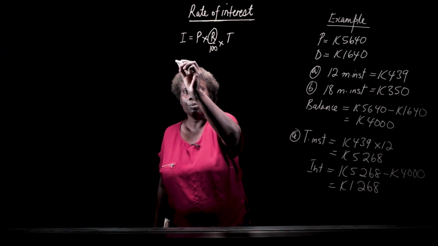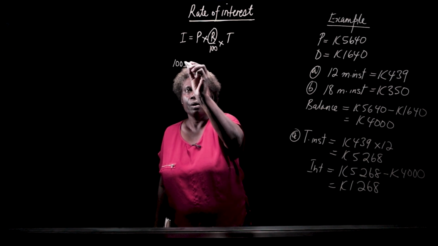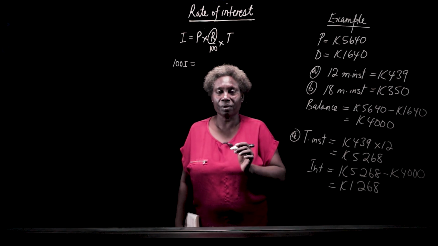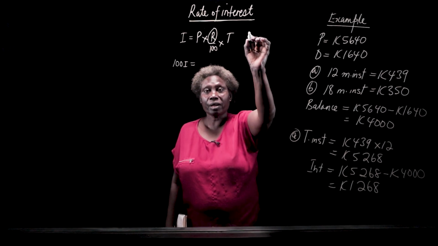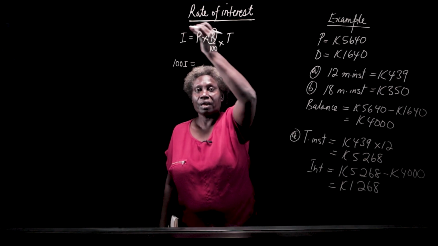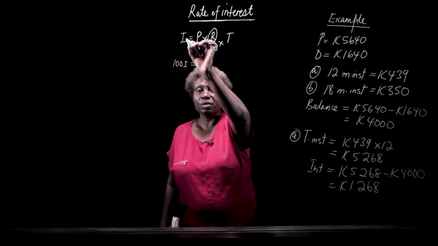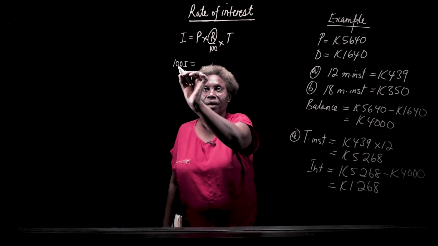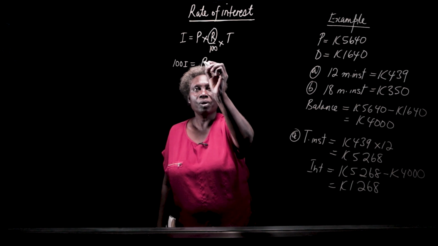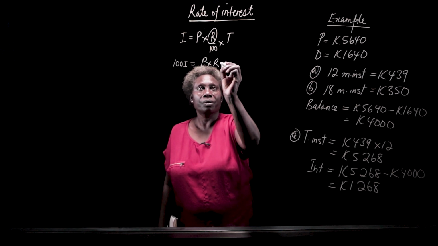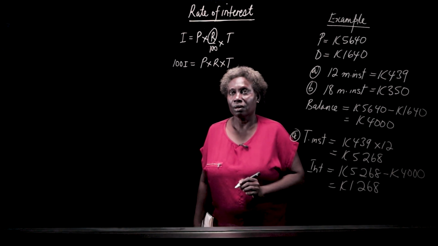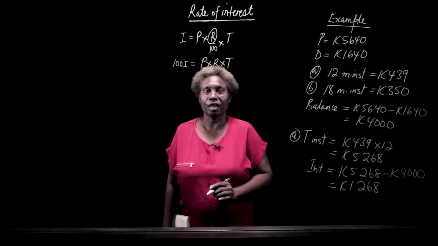We multiply both sides of the equation by 100, because we are dividing by 100. So the 100 on the right-hand side cancels out, and on the left-hand side, the 100 is multiplied by I, so we have 100 times I is equal to principal times R times T.